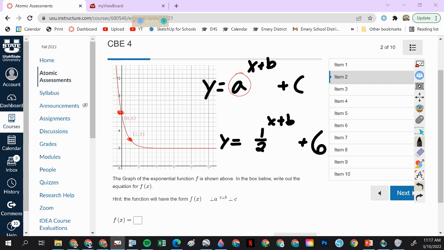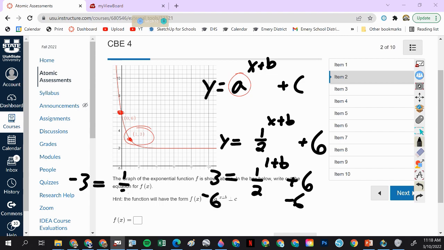Just plug in that other point right here. So 3 equals 1/2 raised to the 1 plus b, plus 6. Let's subtract 6. So -3 equals 1/2 to the 1 plus b.